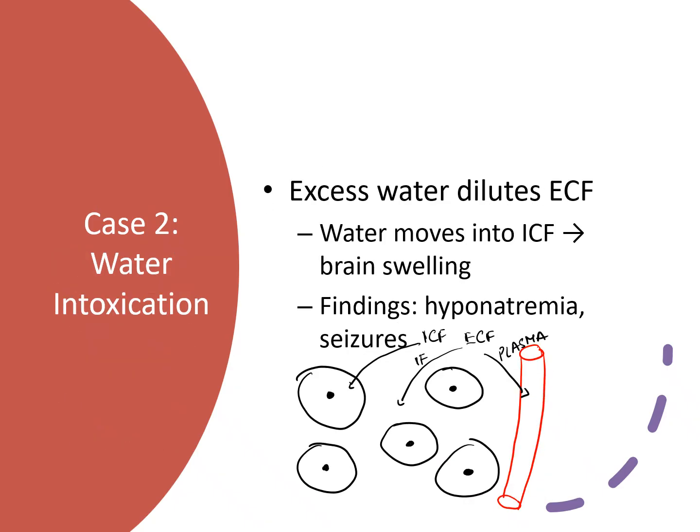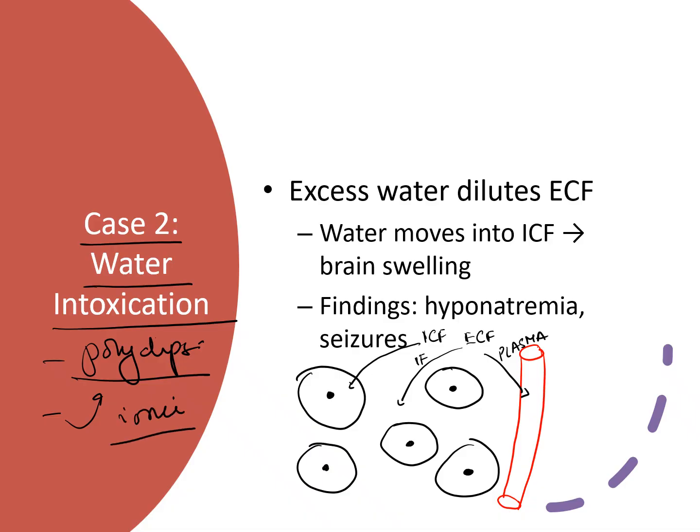Our next case is water intoxication. If someone has polydipsia, or let's say a condition called psychogenic polydipsia, they will drink a lot of water. And water is a dilute fluid because it does not match the ionic concentration of our body.